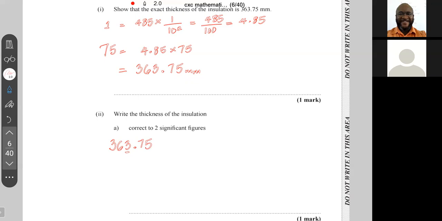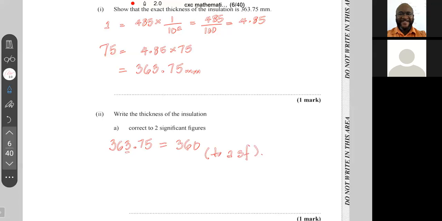Now, if the digit you're considering is 5 or more, you're going to round up. If it is 4 or less, you're going to round down. Since the digit I'm considering is 3, I must round down. And if I round 363 down, it's going to become 360, and this is to two significant figures.